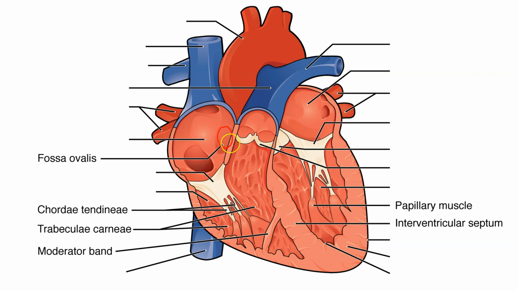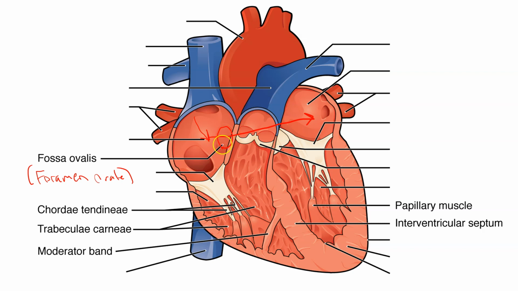So there's a hole here which is called the foramen ovale. And that allows oxygen poor blood that's coming into the right side of the heart to actually jump over to the left side of the heart and bypass the whole pulmonary circuit altogether. It jumps over to the left side of the heart, and then it goes down and out the aorta, and then that will actually lead out to the placenta, which is where the blood will receive oxygen.